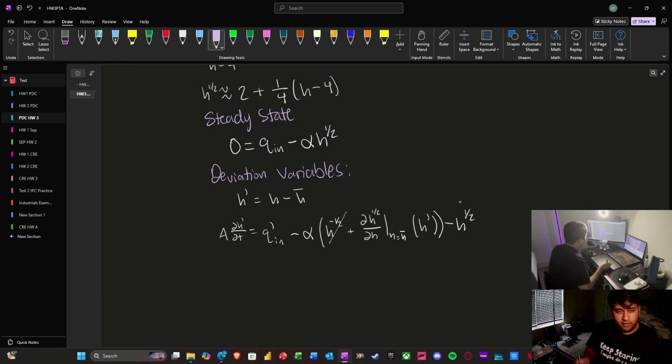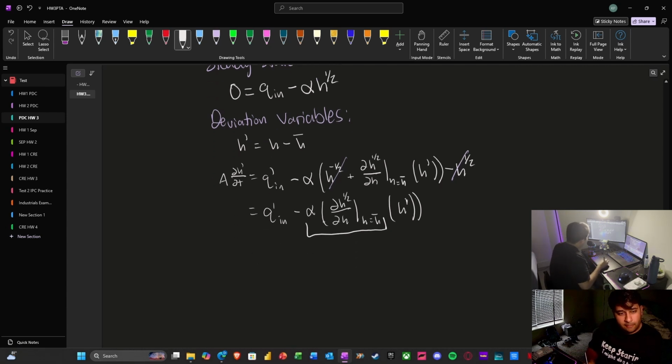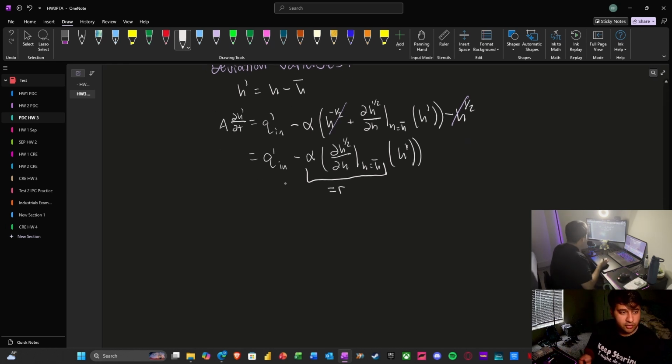We can cancel this out, and we're left with Q in minus this thing times H prime. Essentially this entire section here is a value, so we're going to make that equal to R, and we're going to go ahead and take the Laplace transform.